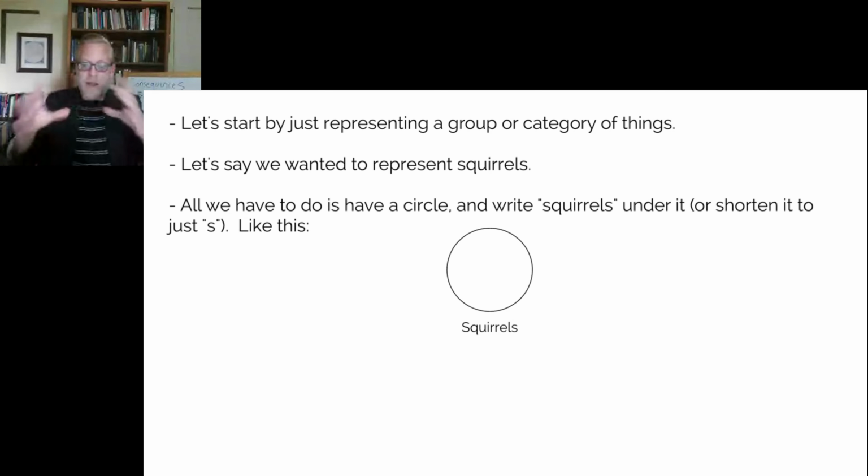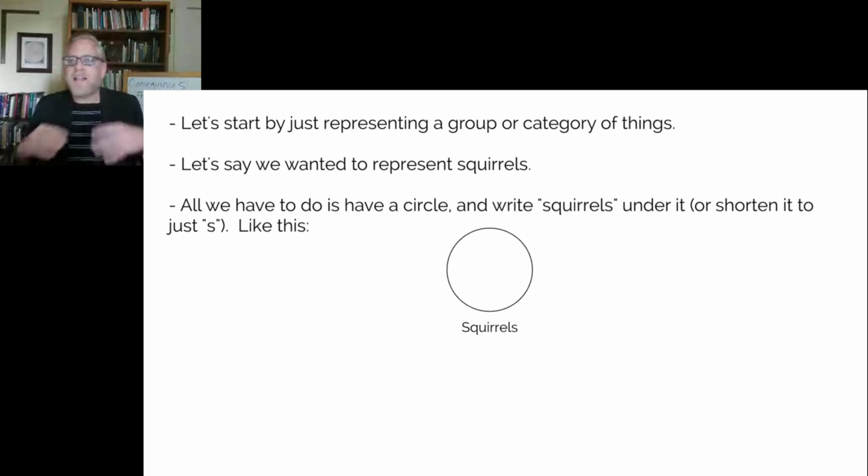If it's white like that, if it's not blacked out, it's basically just saying here's the space for squirrels. You don't have to write the squirrels in there. We'd say here's a circle, and if there's any squirrels at all, this is where they go. So in a way, it's not even saying that squirrels exist. It's just saying here's the category, here's the circle that they would go into. Later on, we'll learn the blackout technique, and once we put black in the circle anywhere, it means nothing is in there, nothing at all. So if it's just white, it just means that's where all the members go.